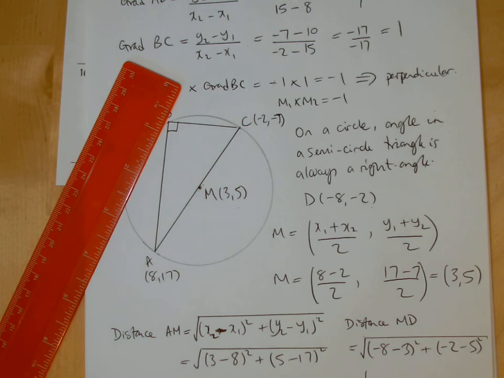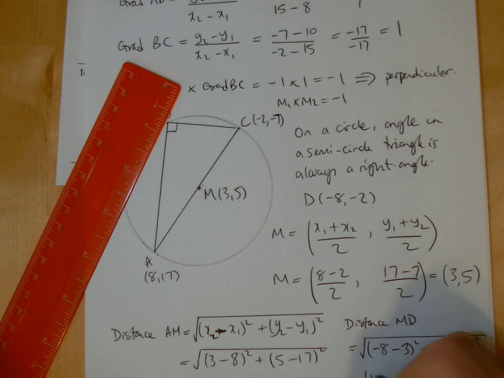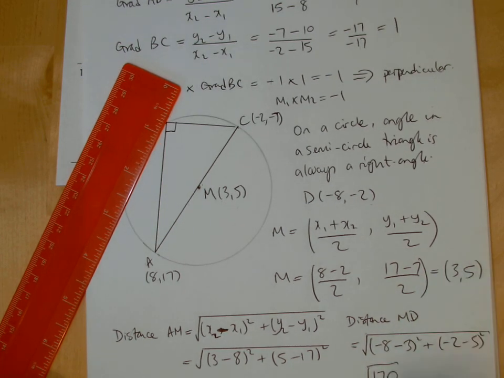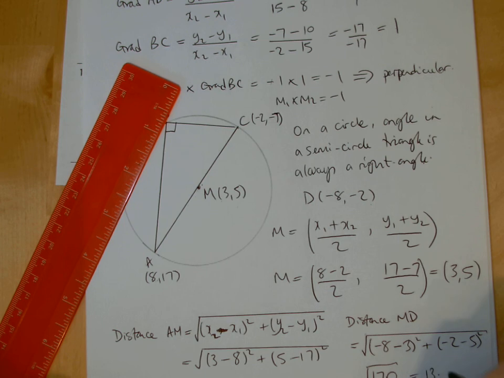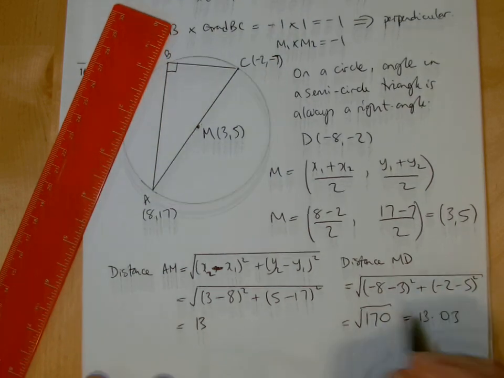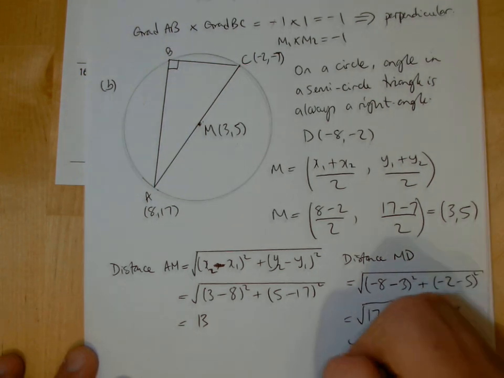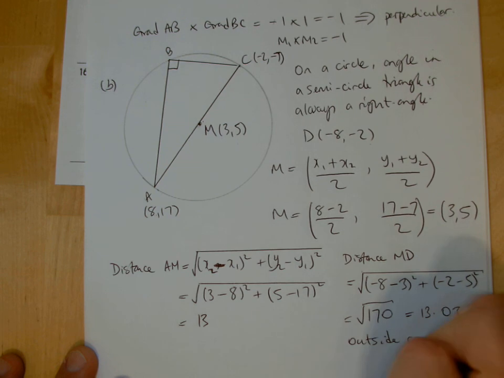That comes out to be the square root of 170. If I put that in my calculator, it comes out as 13.03. So it's going to be slightly outside the circle, because the distance from the centre to D is 13.03. So it'll be outside the circle, just about.